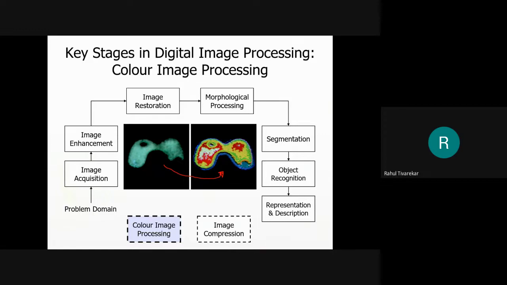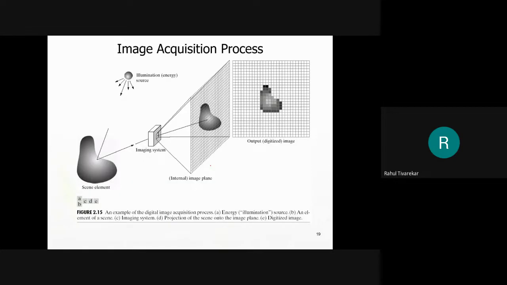So the cooler part is shown by using green color, and hot part is shown by using blue color. Lesser hot is shown by the red, and then yellow, and so on. So we use this kind of processing.